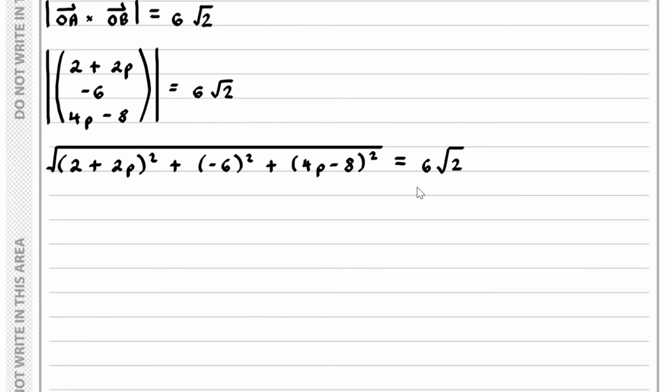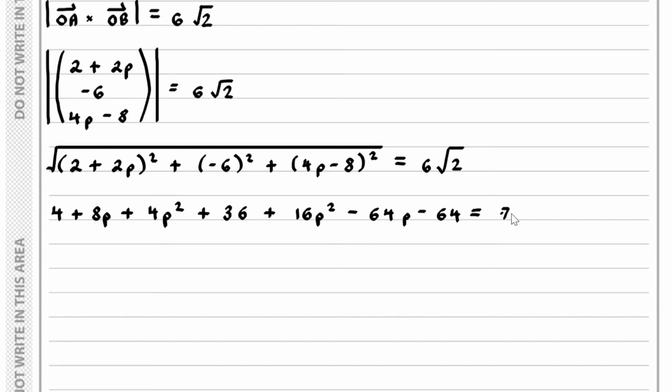And if I square both sides and then also expand the brackets, what we have is 4 plus 8p plus 4p squared plus 36 plus 16p squared minus 64p minus 64 equals 72. Take everything over to one side and simplify.